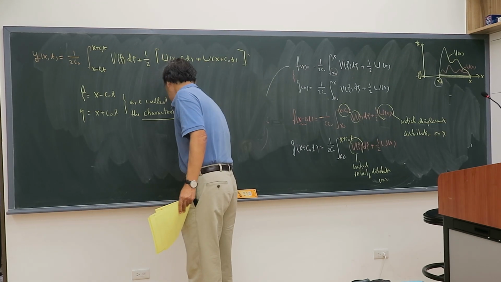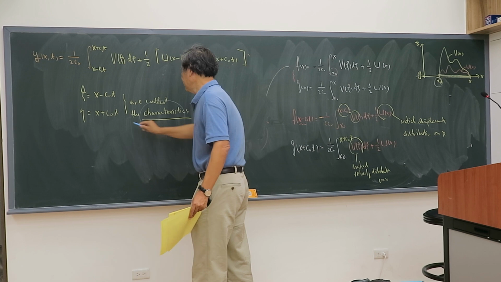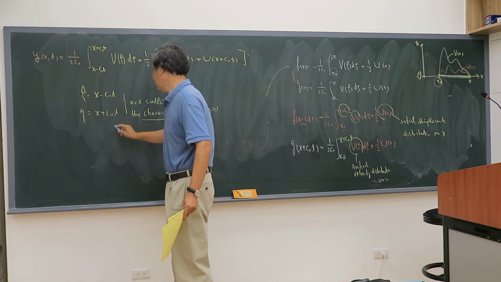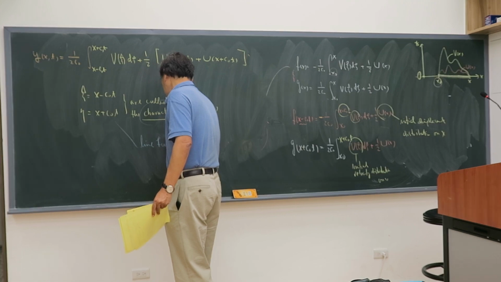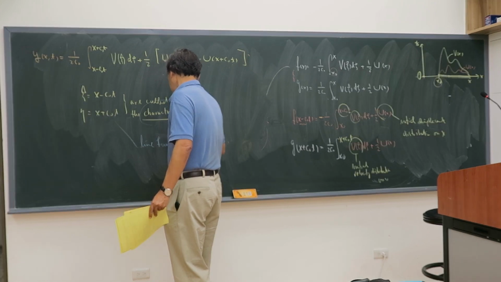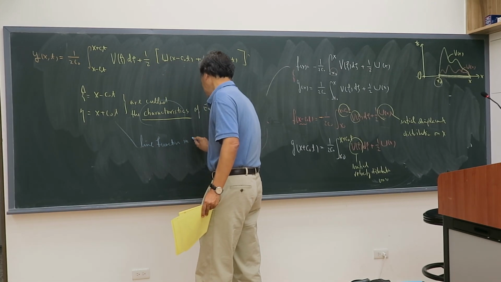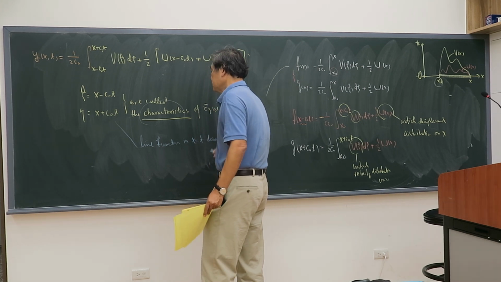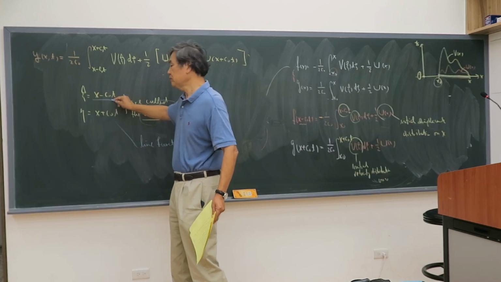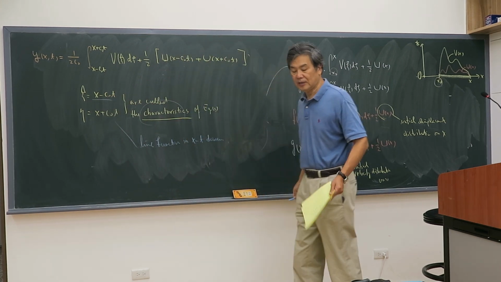Then sometimes it's called, this will be a line function, a line function in the xt domain. So sometimes we call this a characteristic line. Okay, it's a line.